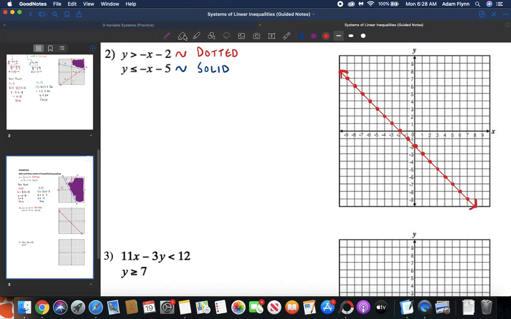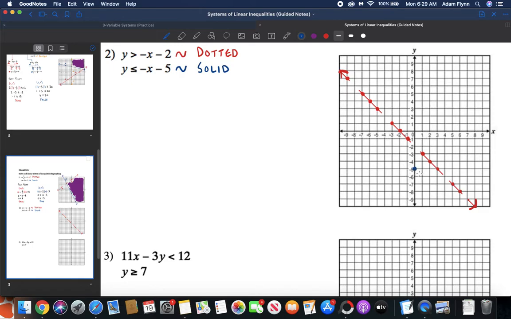Okay, and it is dotted, so I need to get my eraser out, get rid of a few of these dots. Now I'll do my blue line. Blue line, I'm going to start at -5.